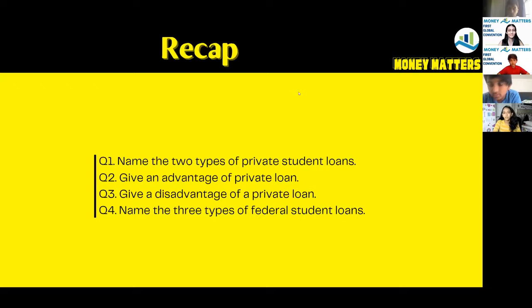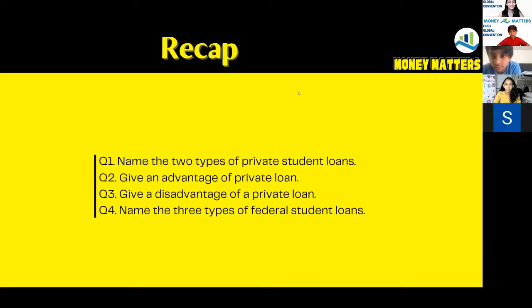So one is student and one is parent. Yeah, one is federal, and the other one I forgot. No, so in student loans there are two types, private and federal, and in private student loans there are student and parent. Oh, okay. Thank you.